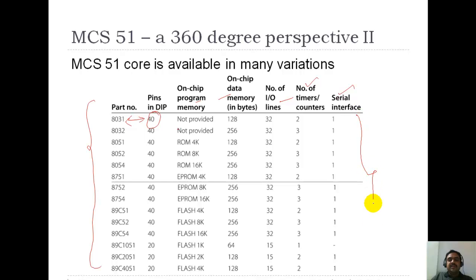All these things are given in the table. So at your leisure, you can take a look at it. I'll leave the slide up for some time so that you can browse through to understand the difference between different versions of 8051. Even though these things vary, the architecture and the ISA remain the same. ISA is nothing but instruction set architecture.